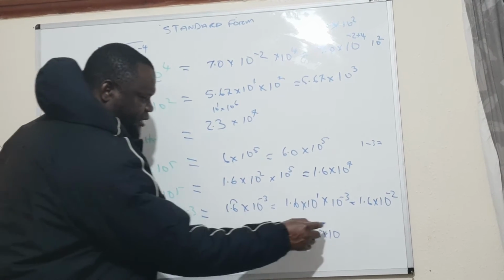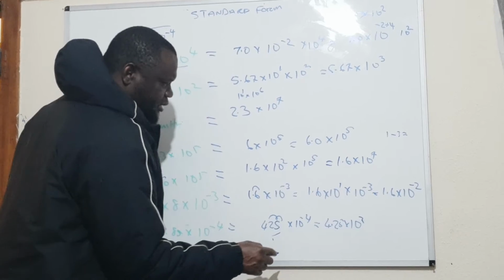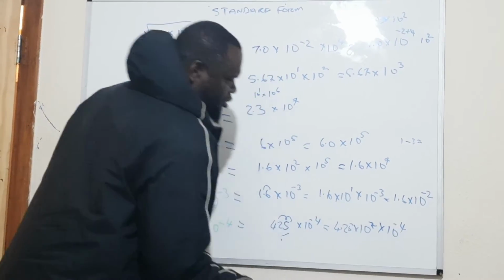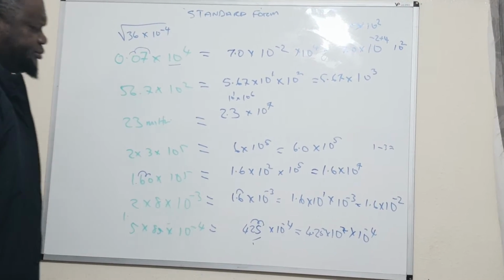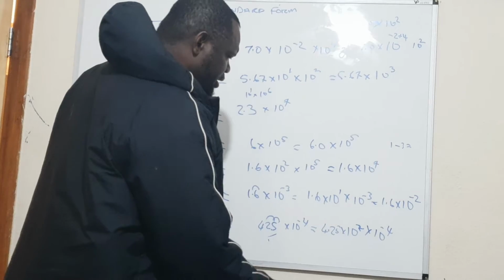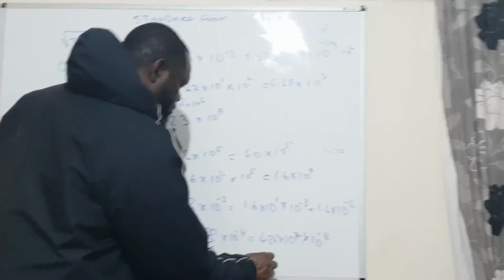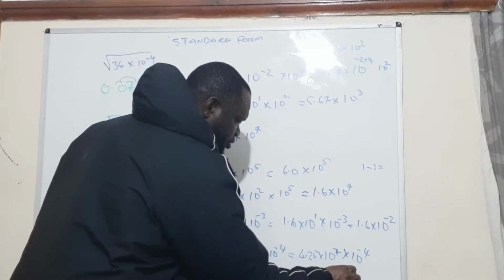We move the decimal place 1, 2. So 10 to the power 2 times 10 to the power minus 4. When you multiply, what do you do to the indices? You add them. 10 to the power minus 2. So this is 4.25 times 10 to the power minus 2.